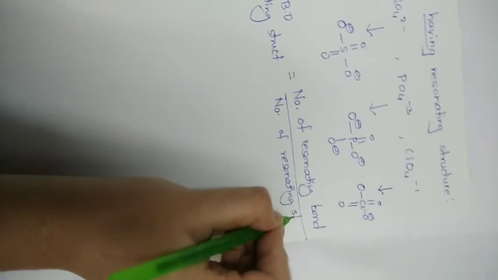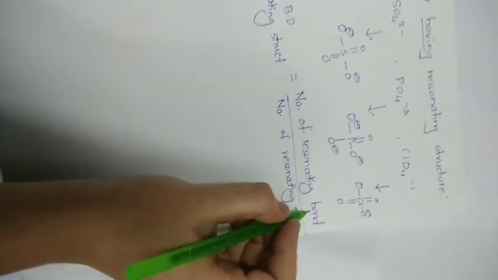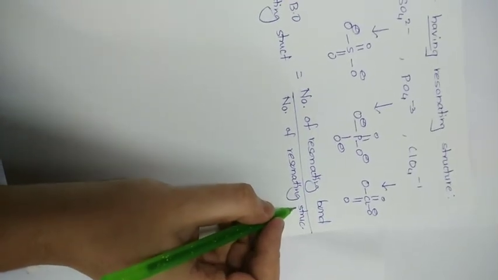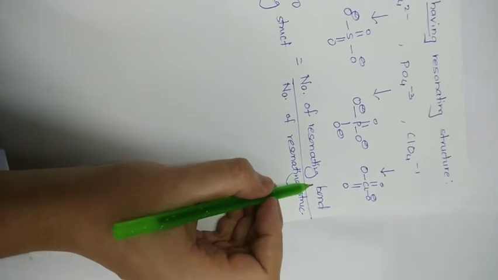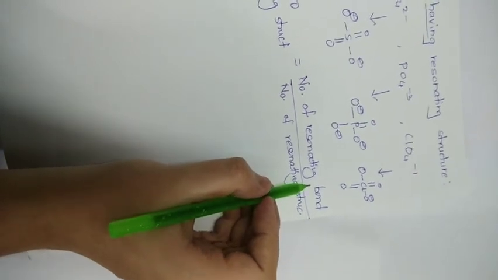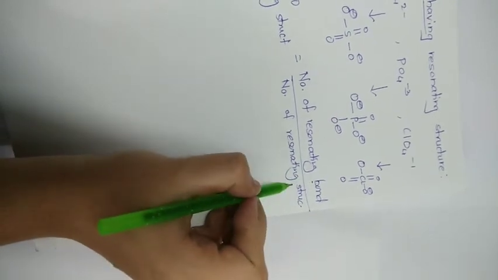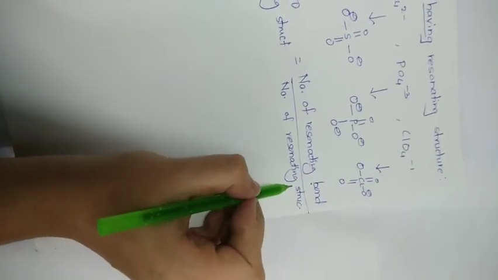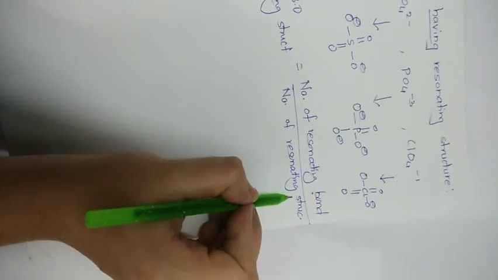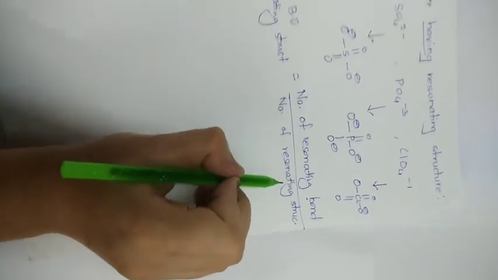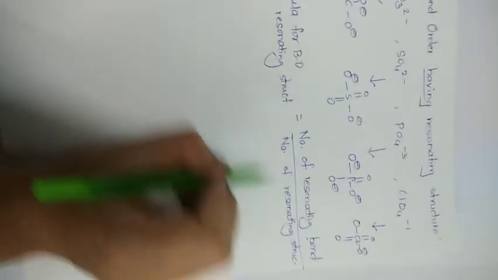It is very important that bond is upside and structure is downside. So how to remember? In alphabetical order, in ABCD, the B comes earlier, so B is upside, and the S is near the last alphabets, so it is downside. This way you can remember bond is upside and structure is downside.